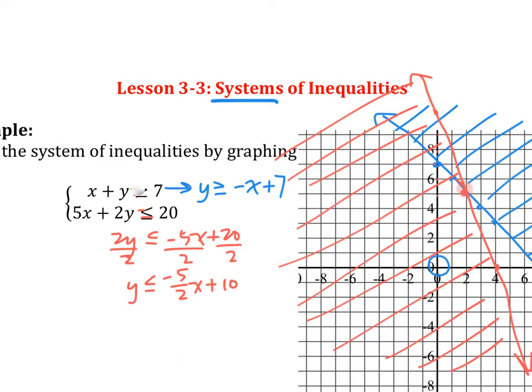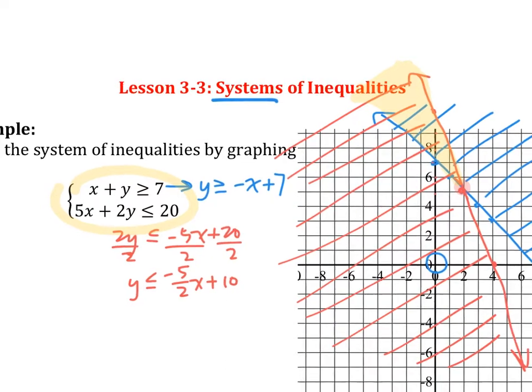But this question is an inequality, so they're asking where do all the numbers fit in this region? Then that would be where they overlap, which is this part. So every number in this shaded region will work for both of these equations.